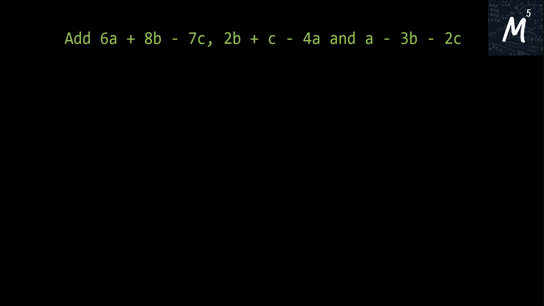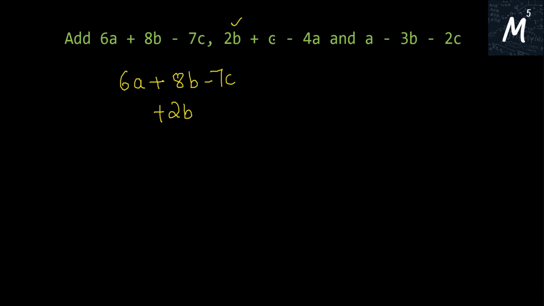Now we have three algebraic expressions. There are three variables and the question is to add them. So I'm going to solve this question using the column method. First expression will be written on the top. Now the second expression has first got 2b, so it will be written under 2b. And 2b means positive 2b because there is no sign, so it means plus 2b.